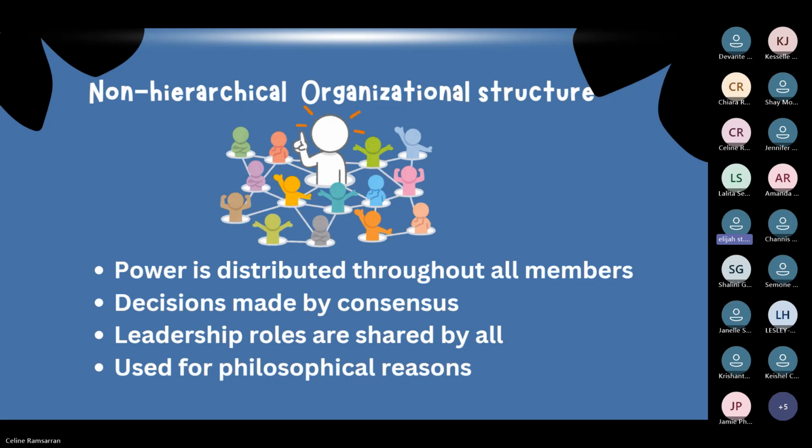So the last organizational structure is called the non-hierarchical organizational structure. This one is completely different from all the rest because there isn't any set hierarchy. There's no leader. Power is distributed equally amongst all members, which means decision making is made by vote or consensus, and leadership roles are scattered amongst all existing members.